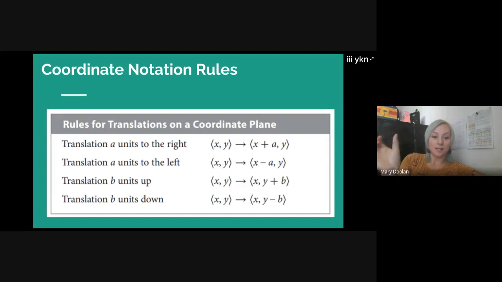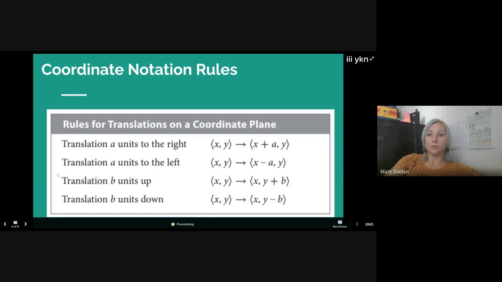If you translate a point a units to the left, you are subtracting a units from the x coordinate. So left to right, we're changing the x coordinate, whereas when we go up and down, we're changing the y coordinate. When we move b units up, our y coordinate increases by b, we add b. But if we move b units down, then we are subtracting b from the y coordinate.